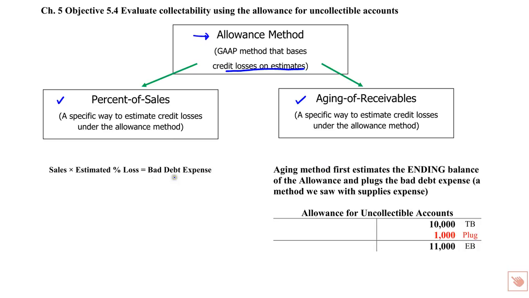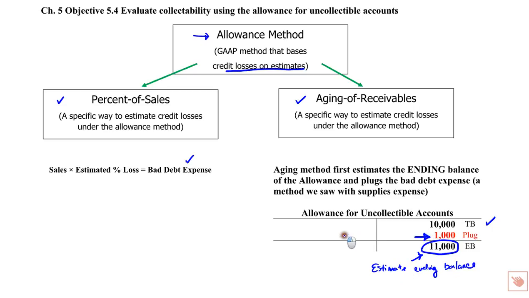We already saw what the percent of sales method does. What the aging method does is, you'll be given the beginning trial balance, and the aging method will estimate the ending balance. Then you'll back into what the journal entry would have been.